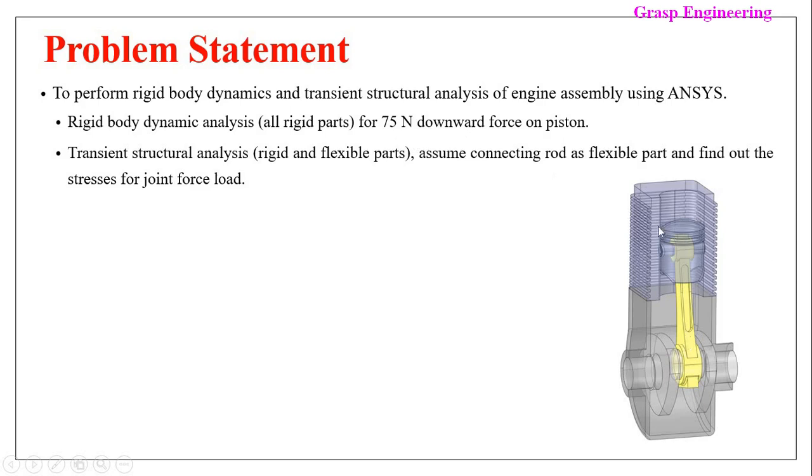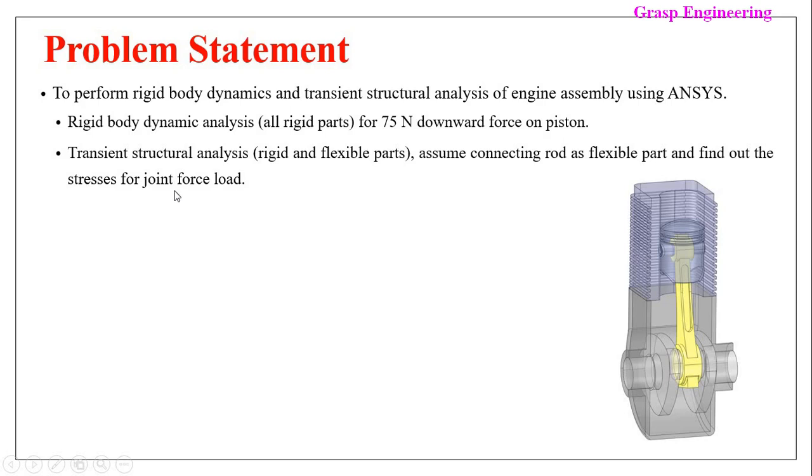So we will apply a joint force of 75 Newton for a joint between the cylinder and the casing. In the next part we need to perform the transient structural analysis, that is rigid as well as some flexible parts. Assume the connecting rod as a flexible part and find out the stresses for the respective joint force load.